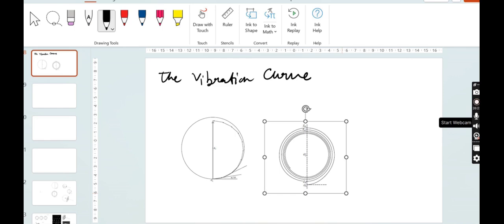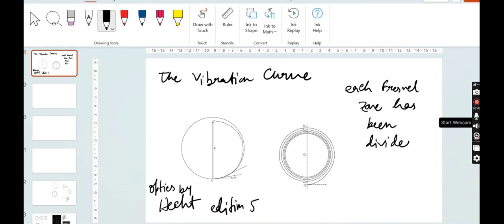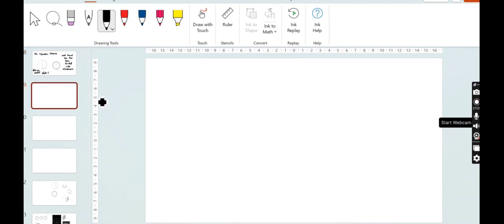So for that, each Fresnel zone has been divided into n subzones by intersection of spheres, and these subzones are basically r2 lambda by 2n.